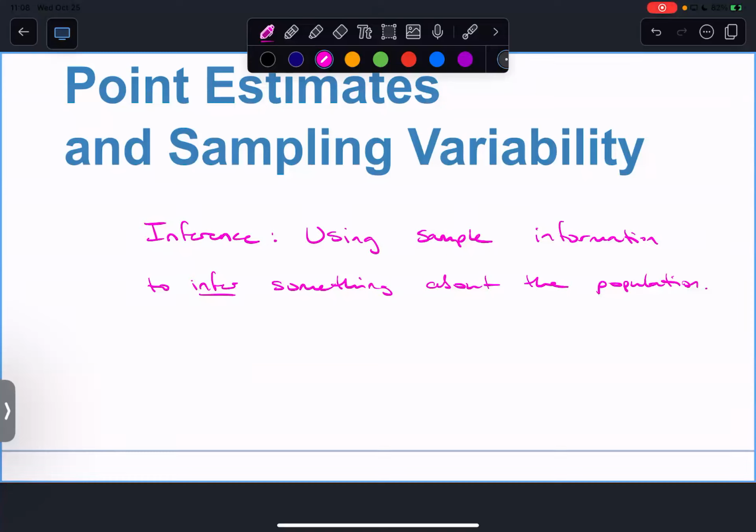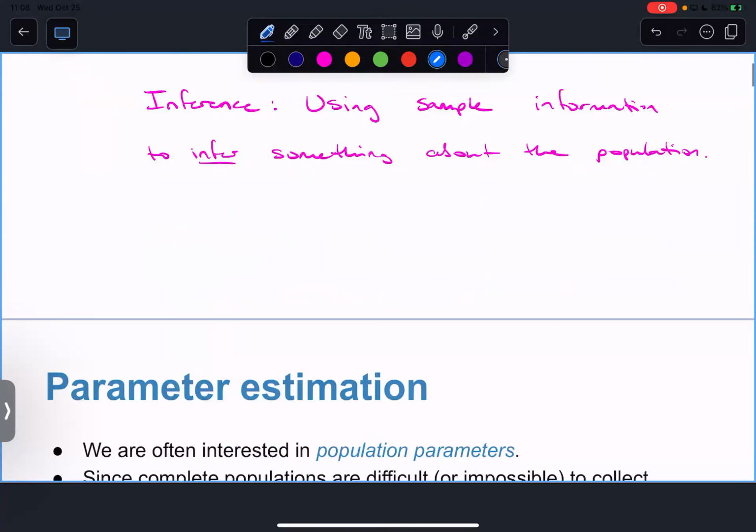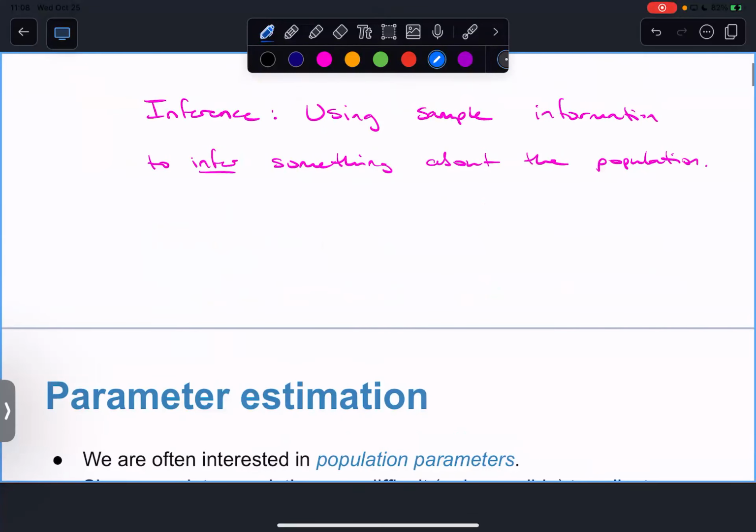What do you have to do? The first type of question is one sample proportion.